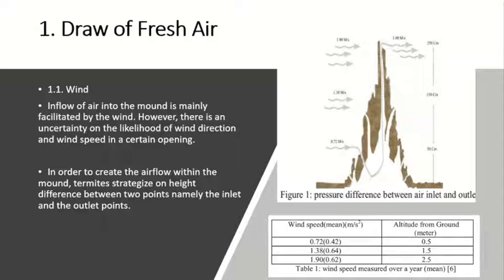So, in order to create airflow within the mound, termites strategize on the height difference between 2 points, namely the inlet and the outlet points, as shown in the figure, wherein the inlet point is the lower portion of the mound and the outlet point is the upper portion of the mound.